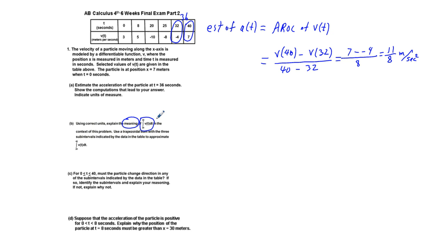So, the integral from 20 to 40 of v(t) dt is an estimate of the number of meters traveled, right?